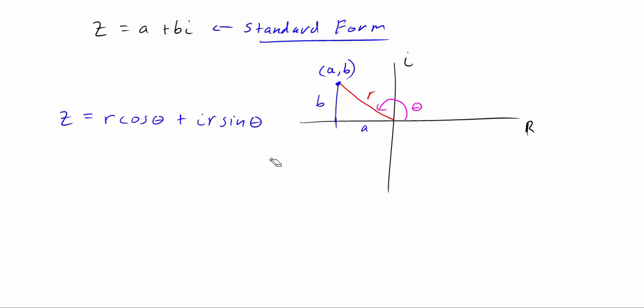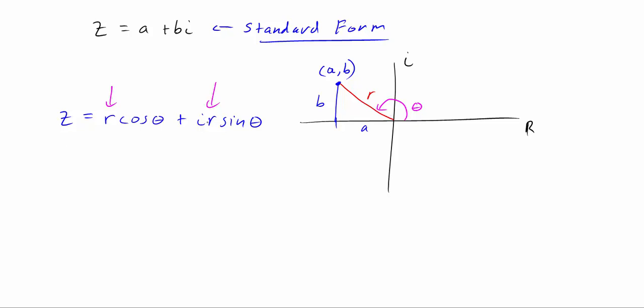So we know that cosine theta plus i sine theta gives us the point on the unit circle. And then if we multiply that by r, that's going to give us the length, or kind of this length here, of how far that point is away from the origin. So that's kind of multiplying it by the absolute value.